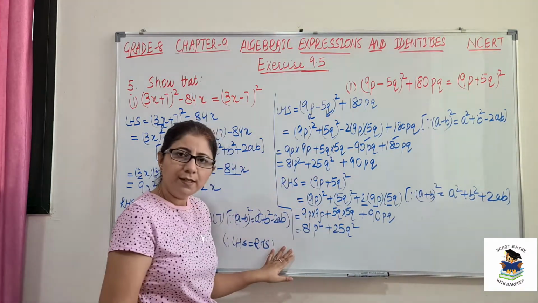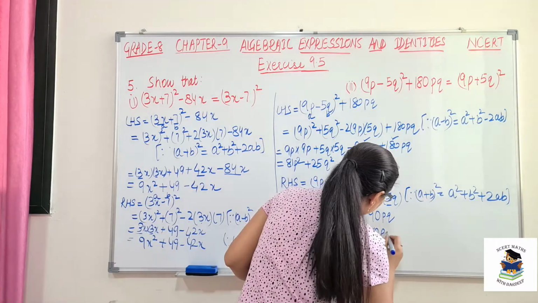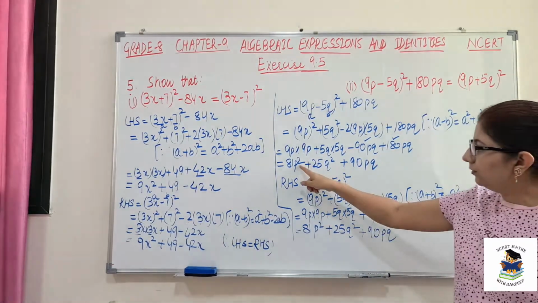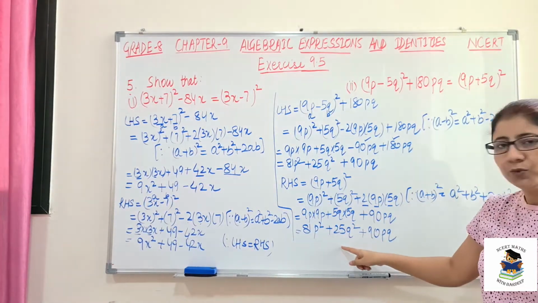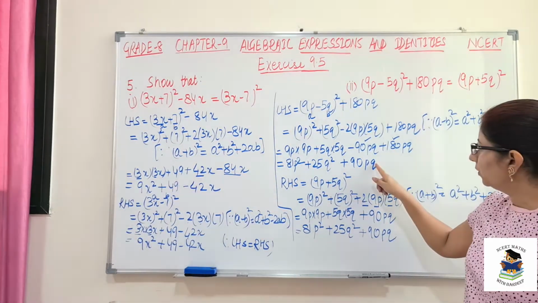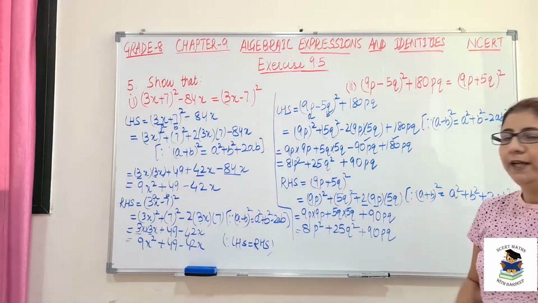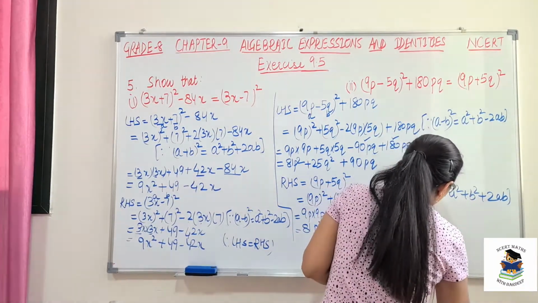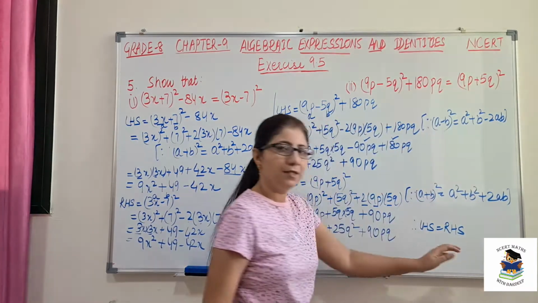Q into q as q square and then plus 90pq. So here we can again check 81p square plus 25q square plus 90pq. So both values are same. So we will write here, therefore left hand side is equal to right hand side.